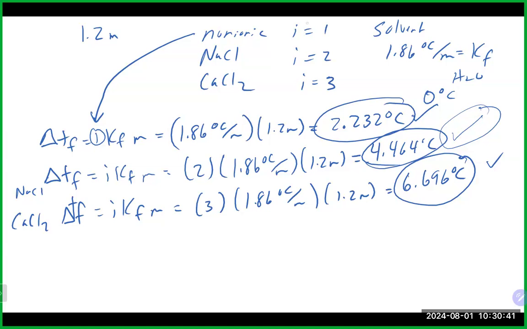You need to figure out the van't Hoff factor. And once again, you can just figure out the van't Hoff factor from the equation. So again, if it breaks apart into 4 ions, i would be 4. If it breaks apart into 3, like we did here, i would be 3. It is close enough to the experimental values that in a textbook problem or in most problems, you could just use the formula to figure out what i is. Any questions on that there?